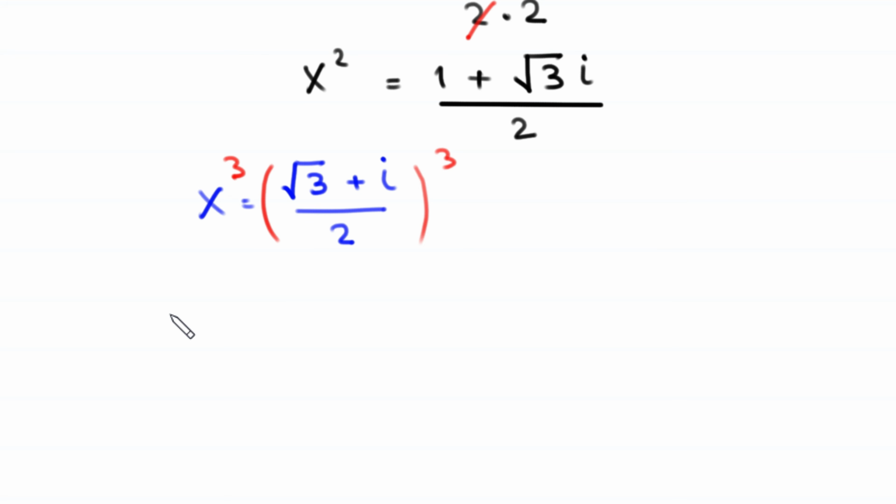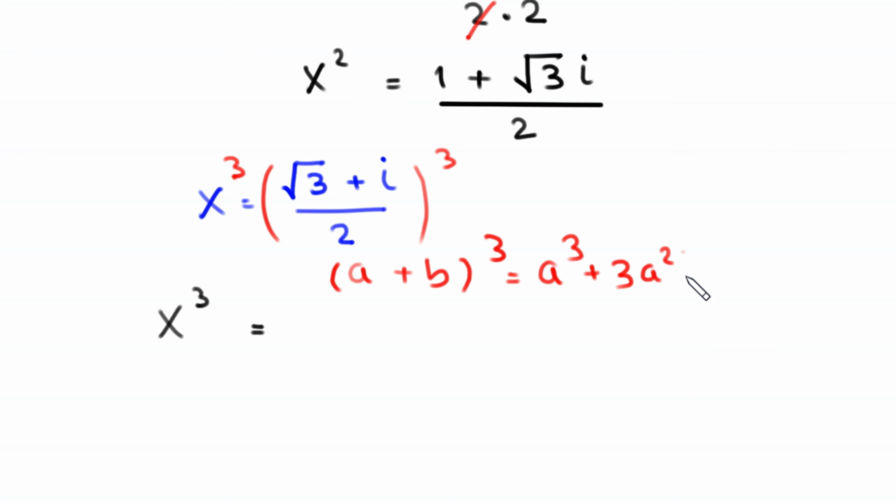So this will become x cubed equal to, expand this (root 3 plus i) whole cubed by using this algebraic identity: (a plus b) whole cubed equal to a cubed plus 3 times a squared b plus 3 times a b squared plus b cubed.